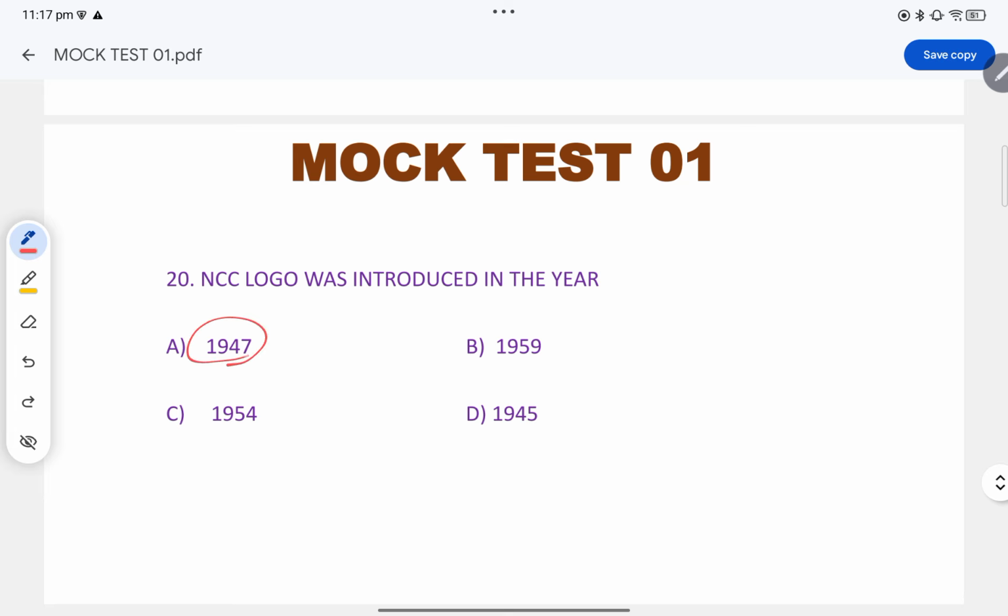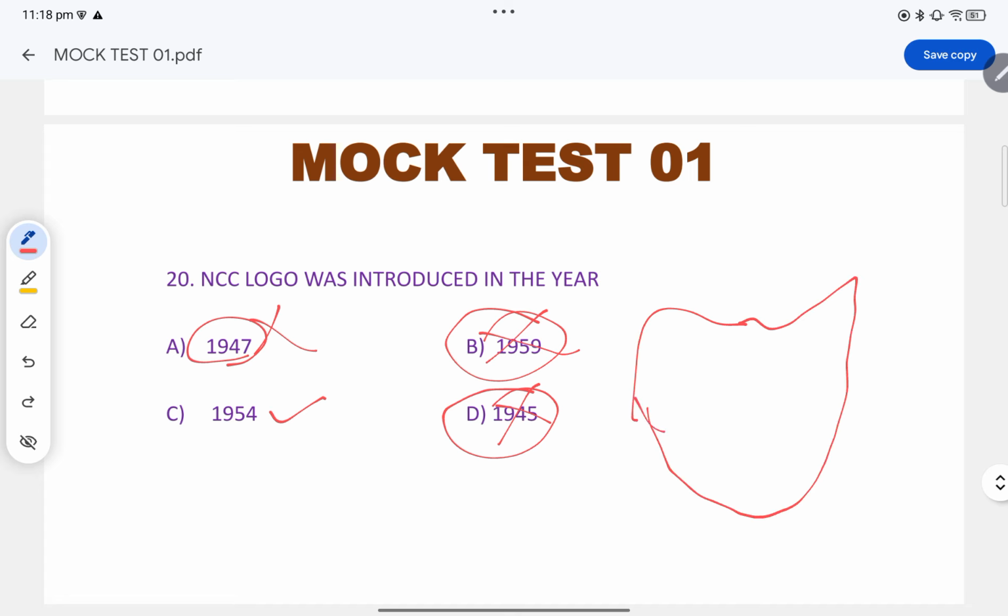In 1947 we had a war with Pakistan, the first war with Pakistan. This is not the year. 1950, 1959? 1959 is also the wrong answer. 1945 is also the wrong answer. In the year 1954, the NCC logo was introduced with the tricolor.